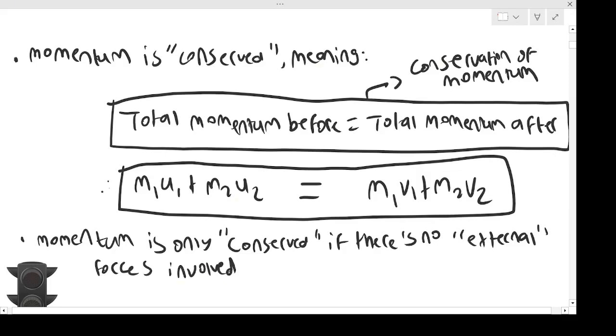So what I mean by external forces is forces from external things. So for example, it could be the floor they're on. So you might get friction from the floor. That would be an external force. So friction from the floor, or even air resistance from the wind.